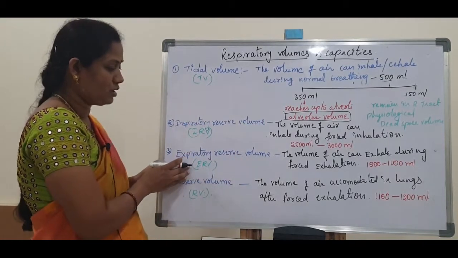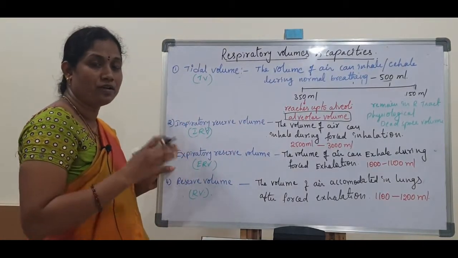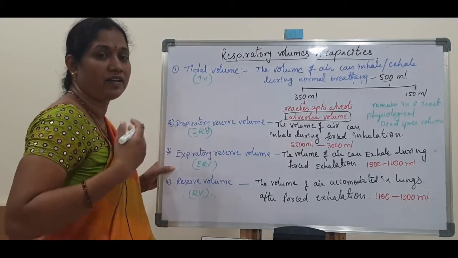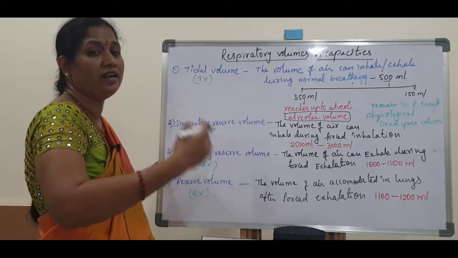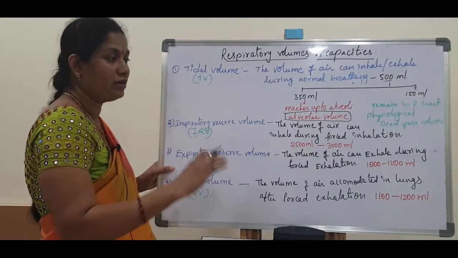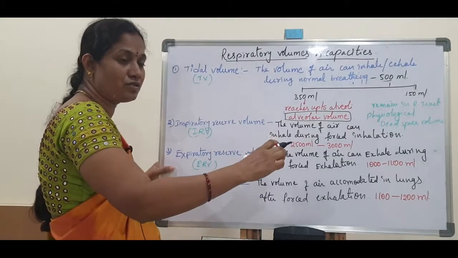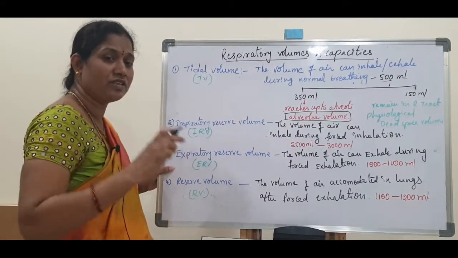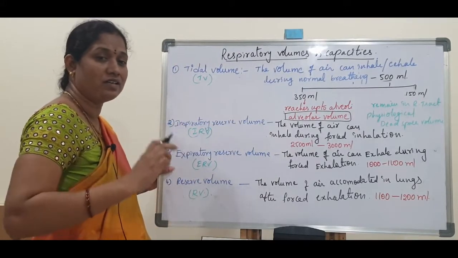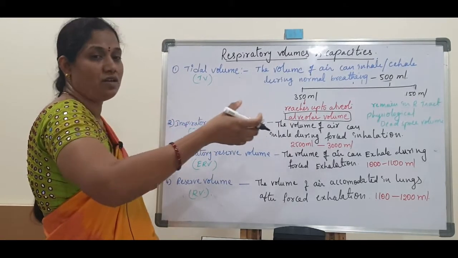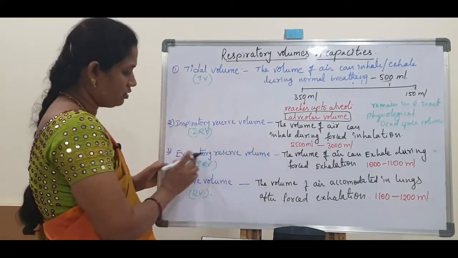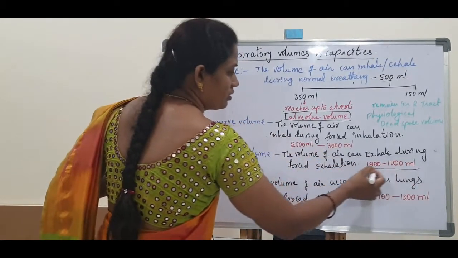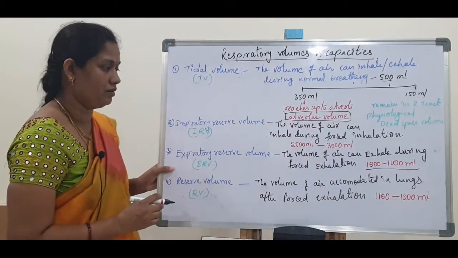But during forcible expiration, for example when I release the air forcibly, the tidal volume is released outside, and along with it some amount of air present in the lungs is also released. That amount is called expiratory reserve volume. It is about 1000 to 1100 ml.